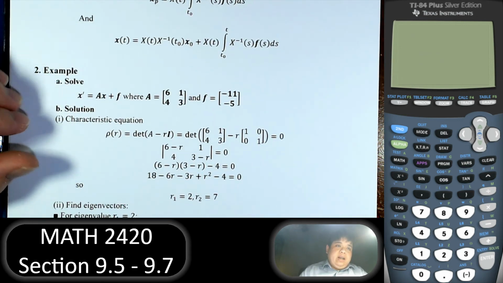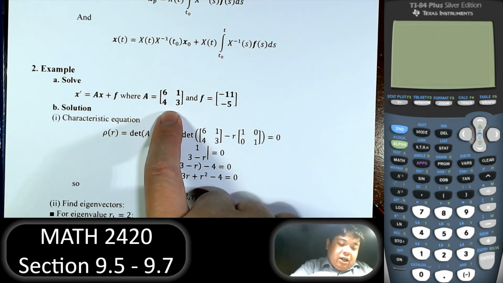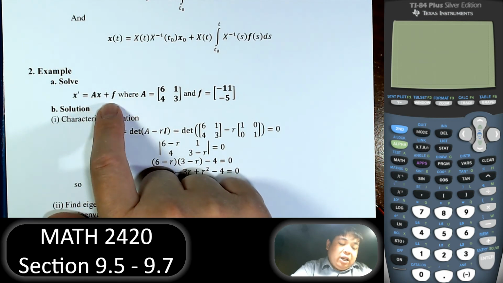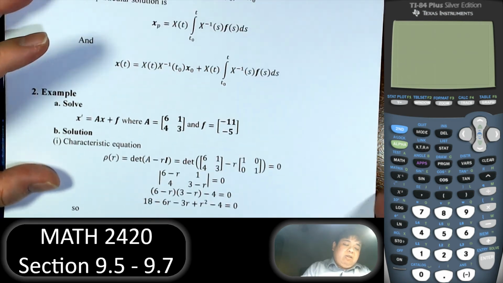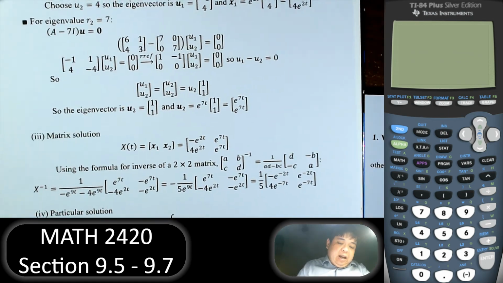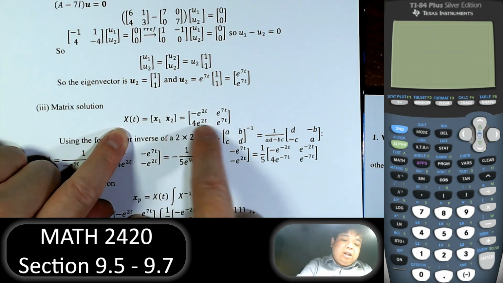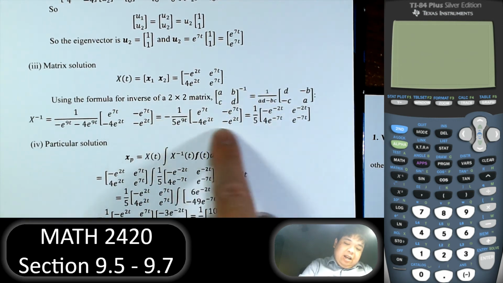If we solve this differential equation in the matrix form, we find the eigenvalues and eigenvectors, and at the end we put in the solution. X(t), the fundamental set of solutions, is a matrix, and then we find the inverse of it, and end up with this.